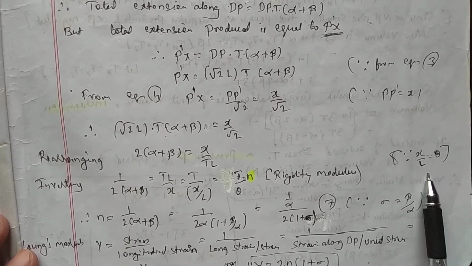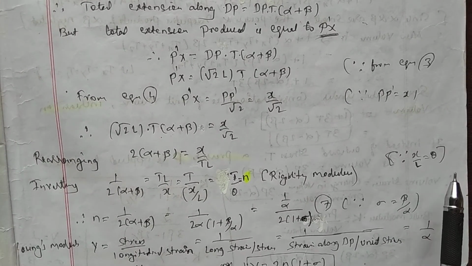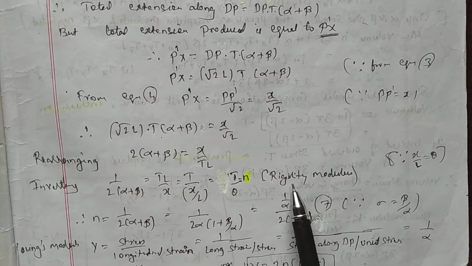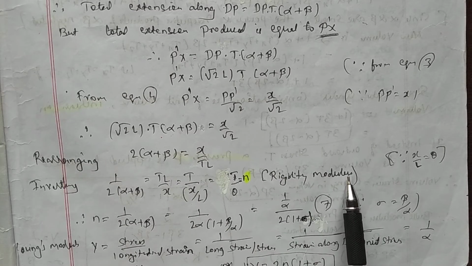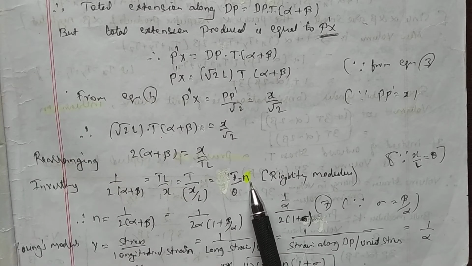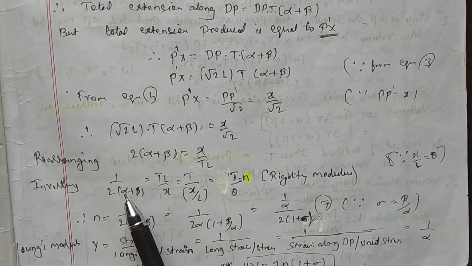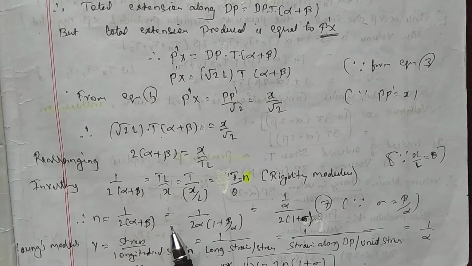Therefore x by L is equal to theta. Here x by L represented by theta is nothing but N, that is the rigidity modulus. Therefore N is equal to 1 by 2 into alpha plus beta.